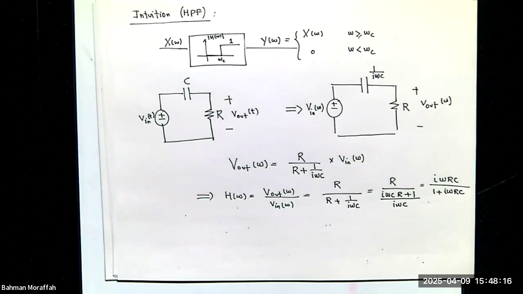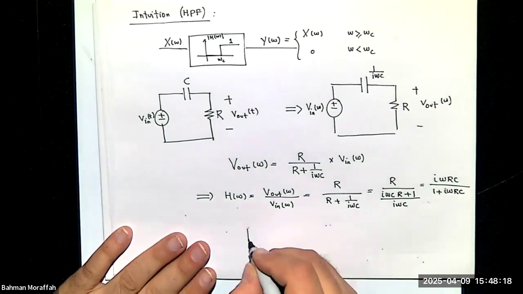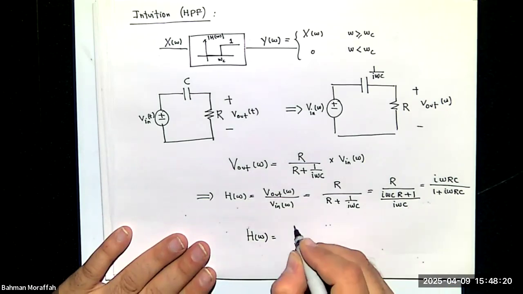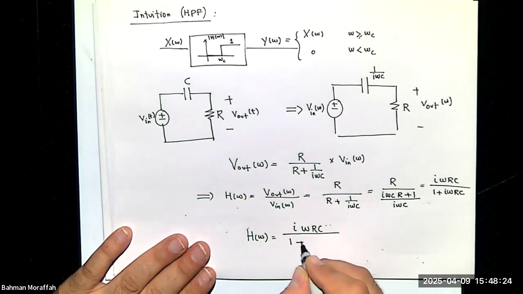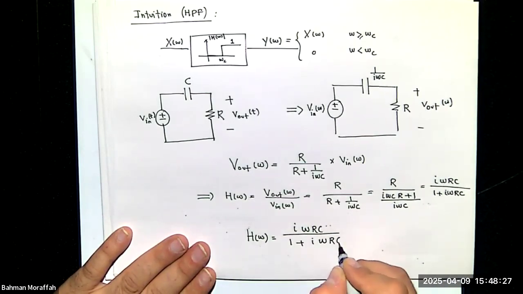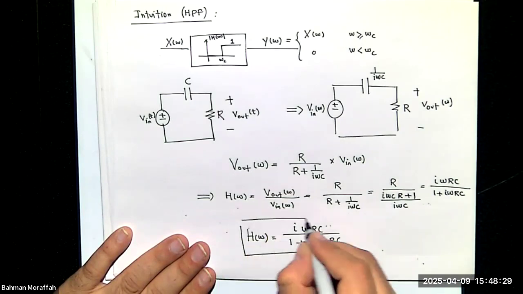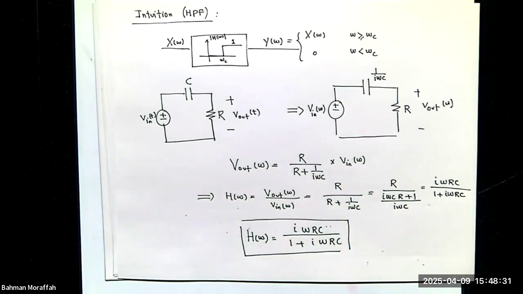So H of omega, in this case, is i times omega RC divided by 1 plus i omega RC.